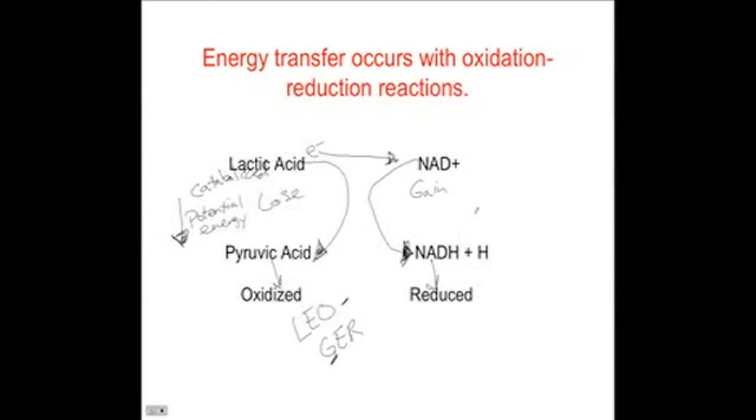We're creating new and complex molecules, so it's really going through anabolism. So what is happening over here to potential energy? Potential energy on this side is going up. So if you're being reduced, you're gaining potential energy. If you're being oxidized, you're losing potential energy.